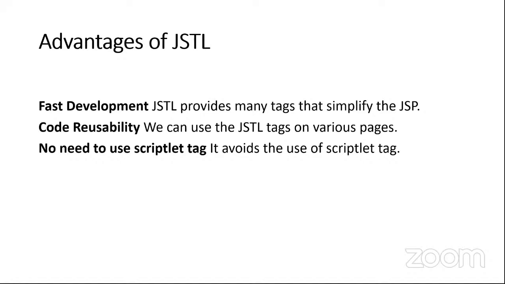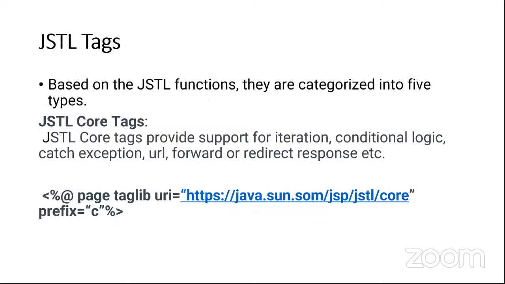Okay, let's get into the first tag library, that is the core tag library. Actually, what we are discussing today is the core tag library. JSTL functions are categorized into different types.